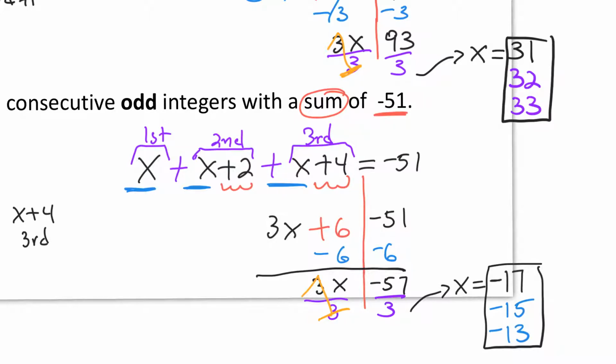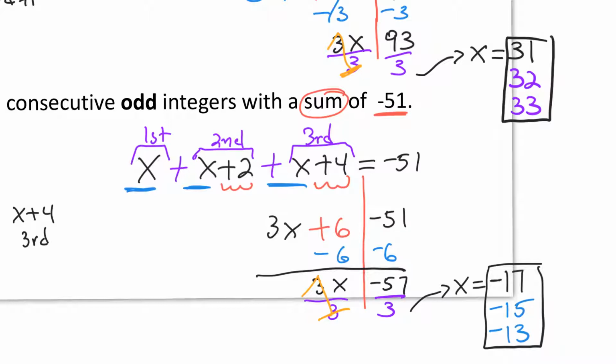If you add all those numbers, negative 17 plus negative 15 plus negative 13, that's going to give you negative 51. But you have to be careful on this one because it is a tricky question. Since we have a negative 17 here, you're actually counting backwards. Negative 17, negative 15, negative 13.